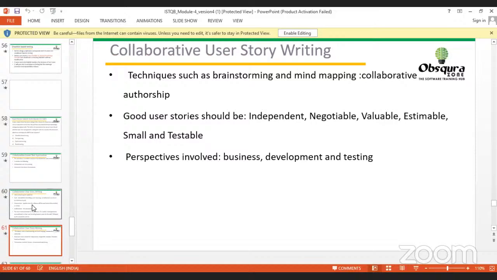Now, the techniques such as brainstorming and mind mapping, collaborative authorship. A good user story should be independent, negotiable, valuable, estimable, small and testable. So user stories should tend to be independent. And negotiable. For example, I want to delete an account.